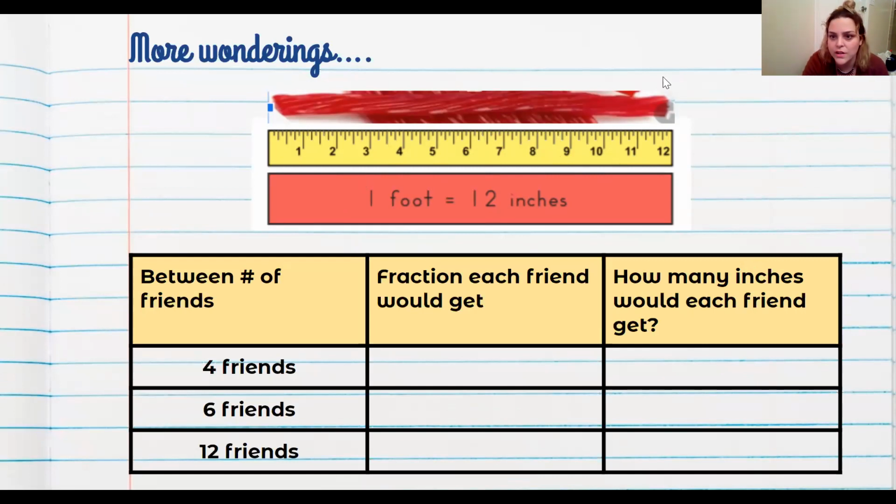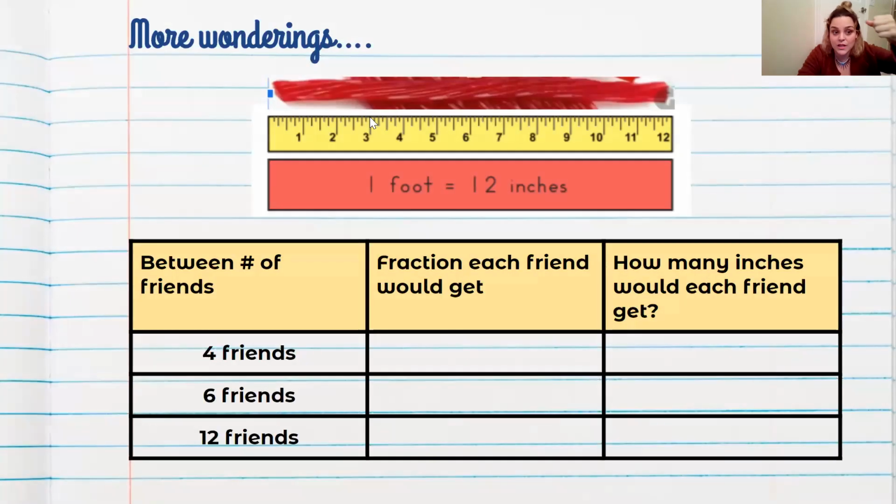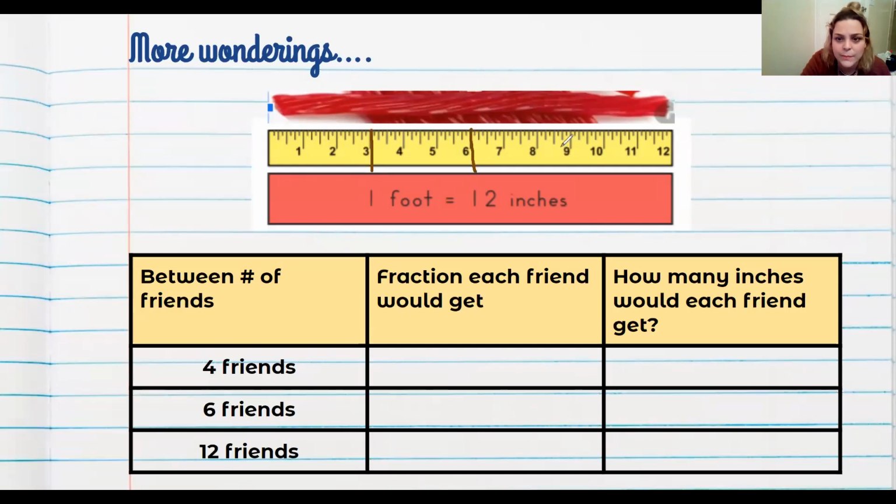So I'm going to use brown, a different color, so you guys can see it. Let's say it's between Miss Alonso, Miss Maldonado, Miss Delgado, and Miss Carrillo. So we would each get 3.